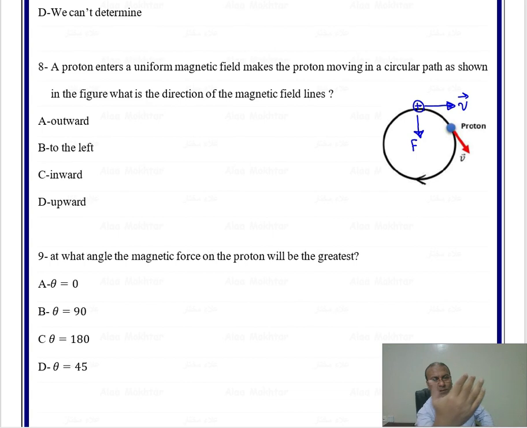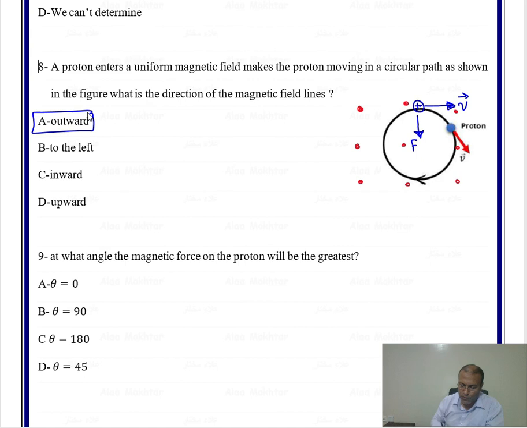If I make my fingers out like this, as you see my fingers are out of the screen, the palm hand refers to down with the force direction, and the thumb is in the same direction as V. It's correct. In this case, the magnetic field is a dot, it means out of the screen or outward.